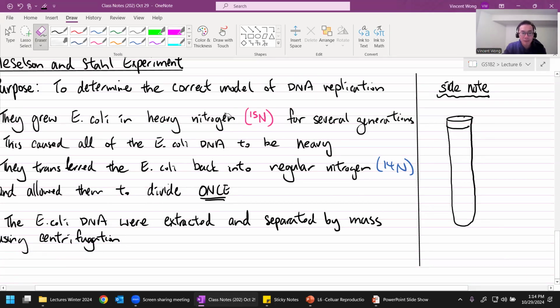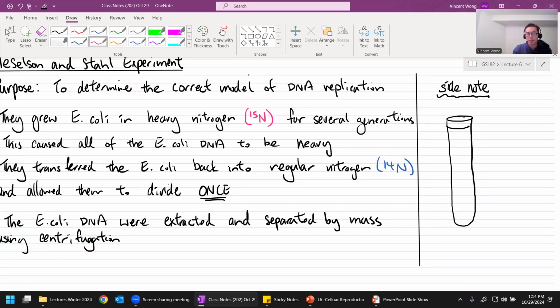If I have the original DNA from the E. coli that has been growing in N15 for several generations, if I extract that DNA and I spin it down in this test tube, do you expect the heavy DNA to be at the top, middle, or bottom? It's almost a rhetorical question. Where is it going to be?